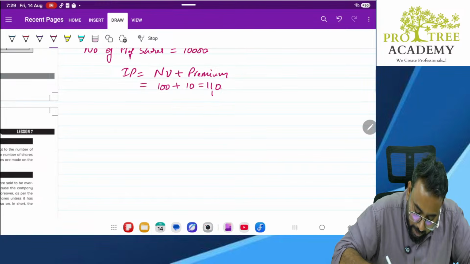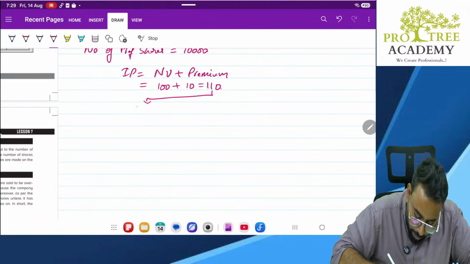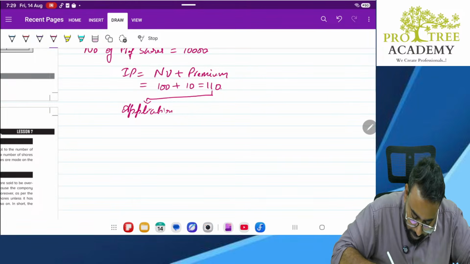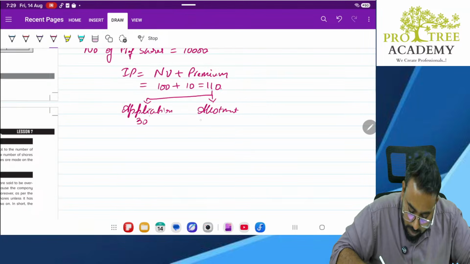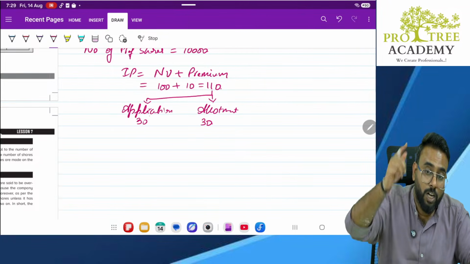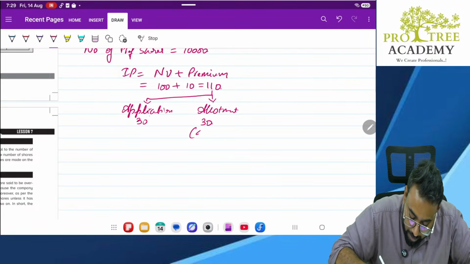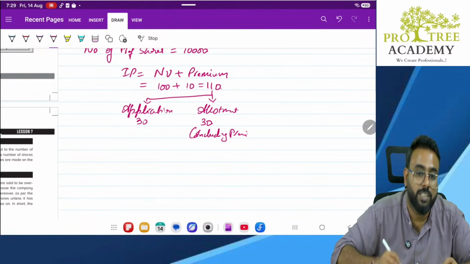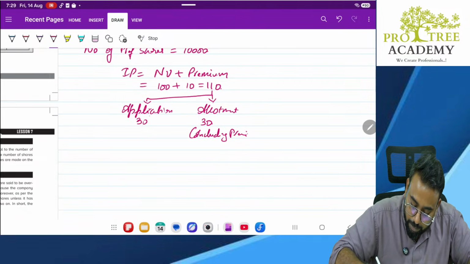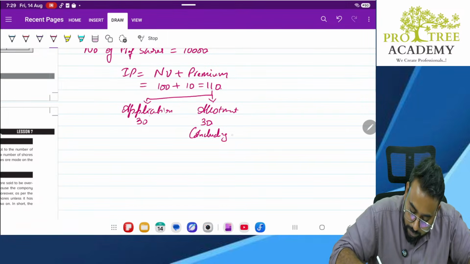Now this 110 is split like this, sir. On application, 30. Allotment, 30, including premium, written in brackets. That means out of this 30, 10 rupees is towards premium.